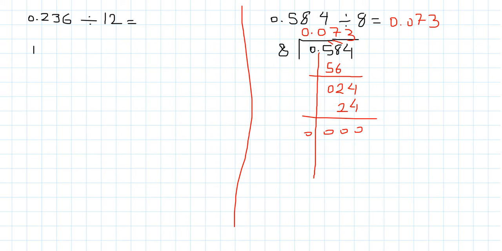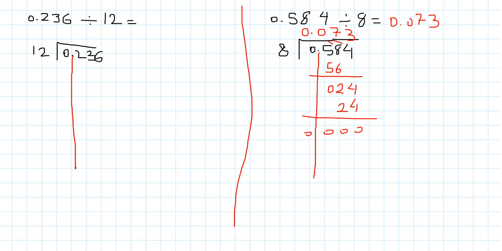Easily I write 12 here and 0.236 here. Because we don't have any decimal point here, no need to jump. Easily take it down.